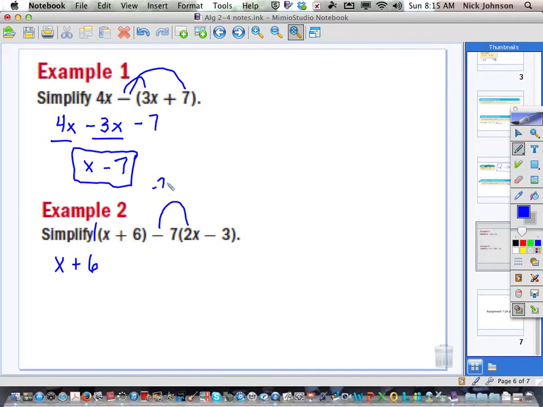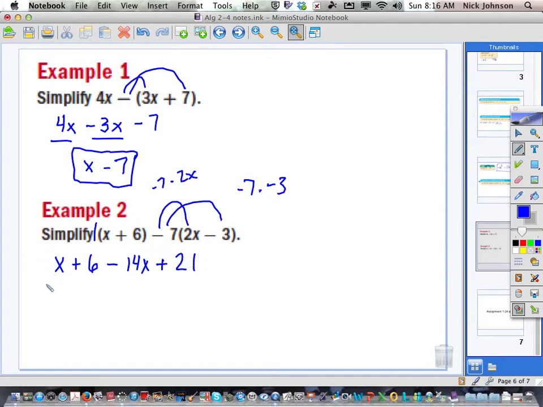Well, a negative 7 times 2x gives me a negative, because a negative times a positive is a negative, 14x. A negative 7 times a negative 3: a negative times a negative is positive. 7 times 3 is 21.